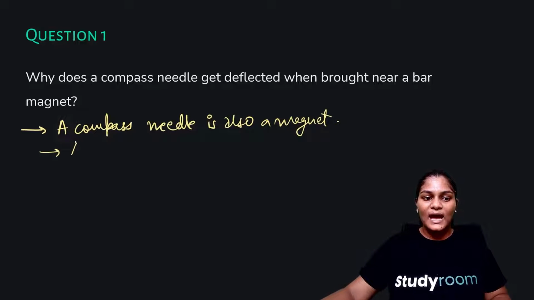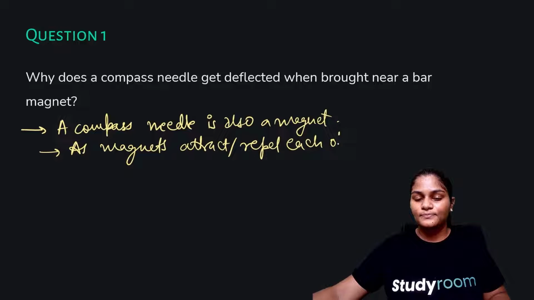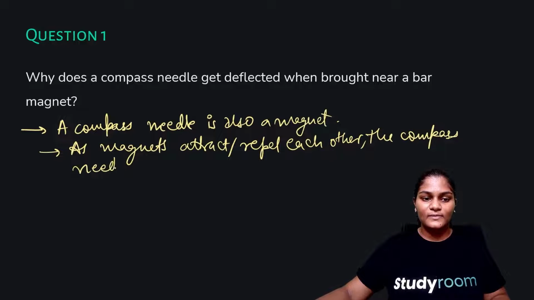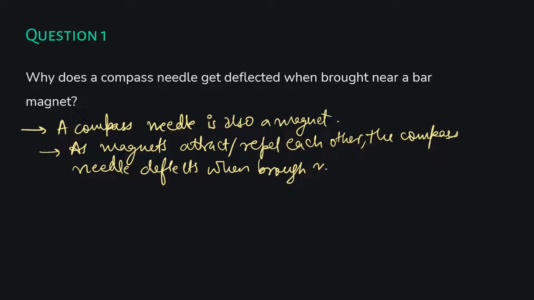So as magnets attract or repel each other, the compass needle deflects when brought near a bar magnet. Okay, all of this is going to get a little more clear as we go step by step. Okay, don't worry. Okay, let's move on.